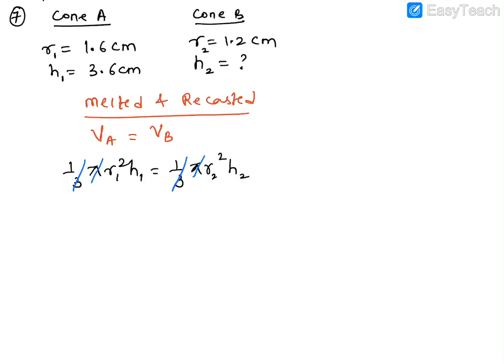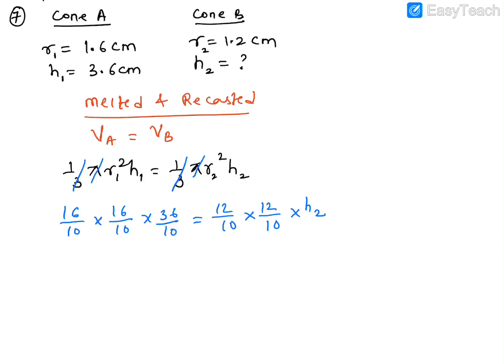Now substitute the value of R1, 1.6 into 1.6 into 0.6 is equal to, what will be the R2 here? 1.2 into 1.2 into H2. Now again let's start reducing here also.